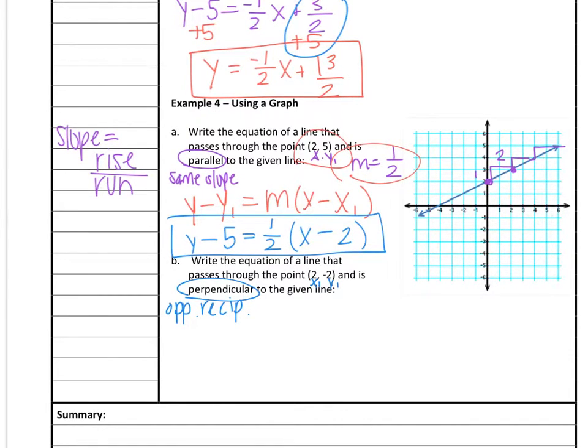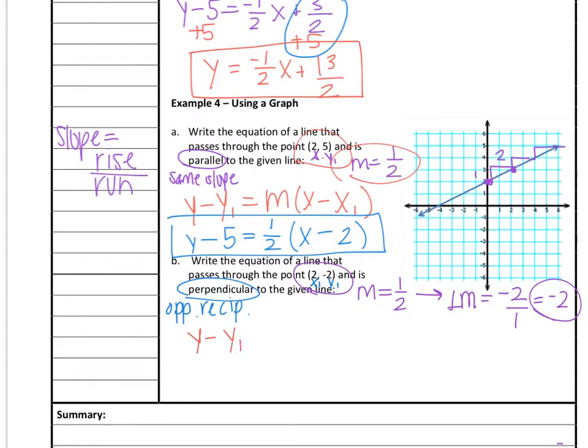Now our slope is still the same from the given line, m equals 1/2, but remember we need opposite reciprocal. So m perpendicular is equal to, flip that fraction upside down and negate it, negative 2 over 1, or just negative 2. So we have our slope, we have our point, and we're plugging in.